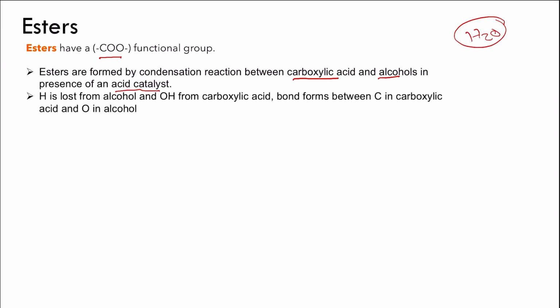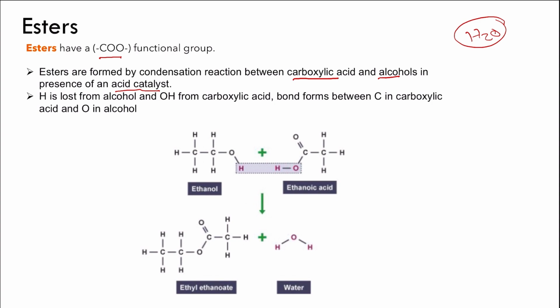The hydrogen for the water is lost from the OH of the alcohol, and the OH of the water is lost from the carboxylic acid. Then a new bond is formed between the carbon of the carboxylic acid and the oxygen of the alcohol.